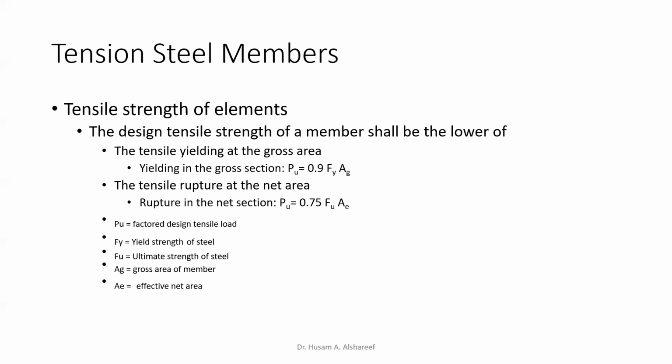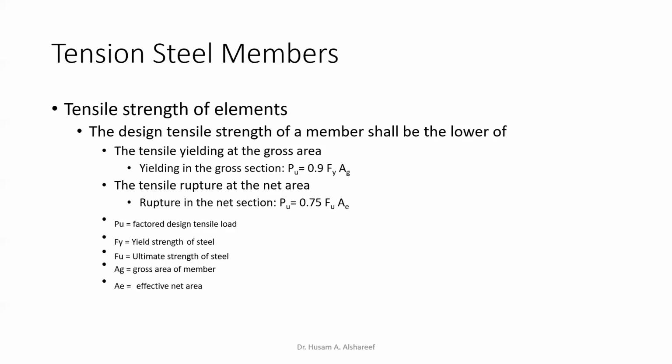So when it comes to the tensile strength, we look at two scenarios and we choose the lowest value. The first is yielding at the gross section, which is P sub U equals 0.9 times FY times AG, or the rupture at the net area, which is P sub U equals 0.75 FU A sub E. So PU stands for factored design tensile load.